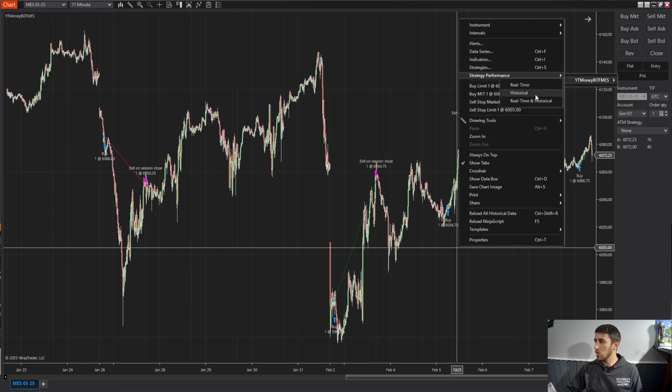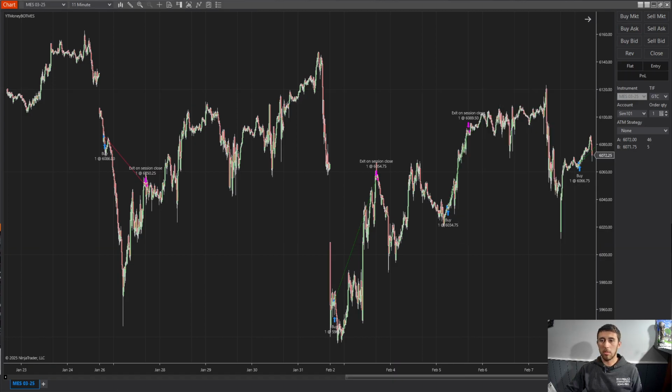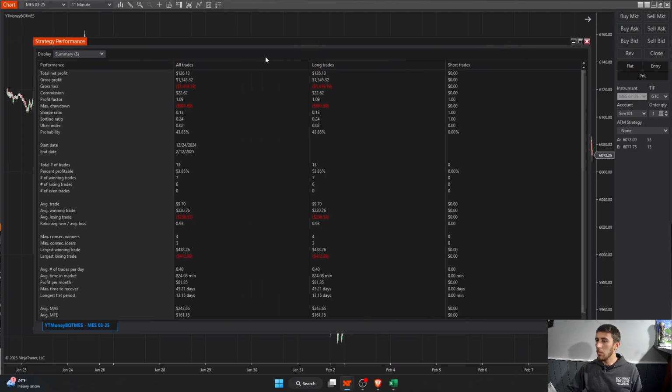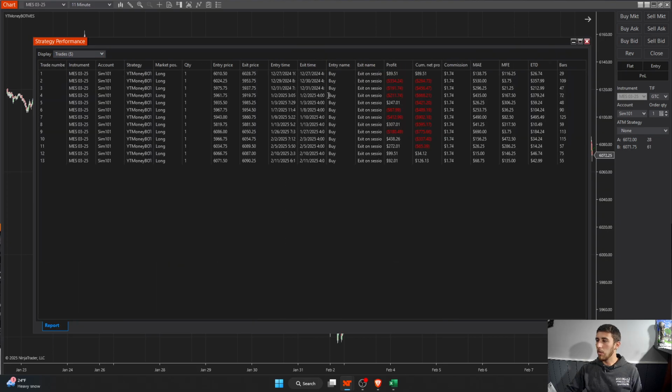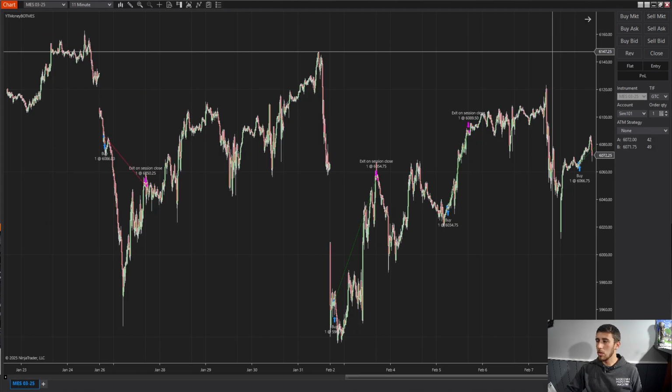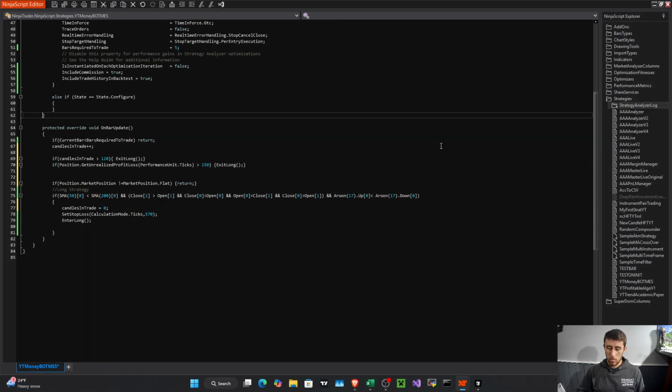And just to make sure our code is actually doing something, let's remember 126,990, and from our trades, all of our exits are exit on session close. So we'll delete that. We'll come back to here, we'll compile.